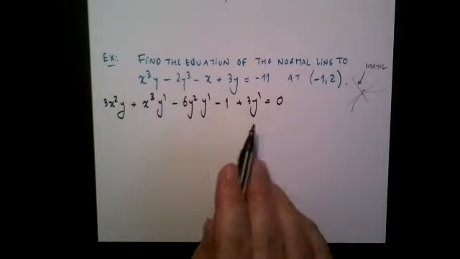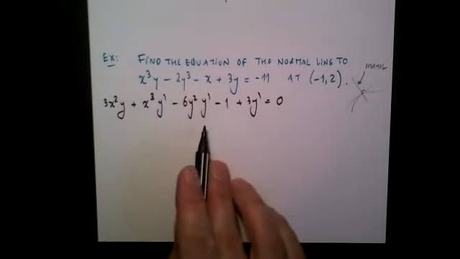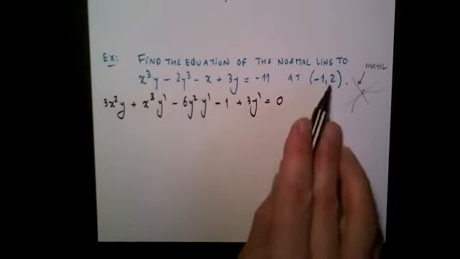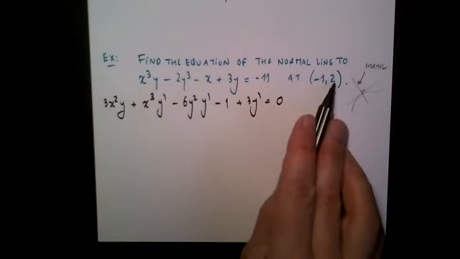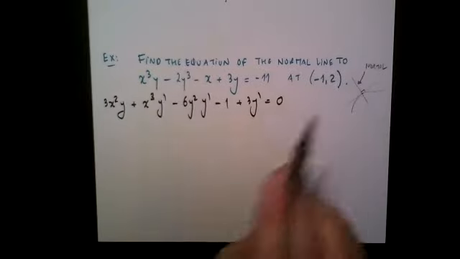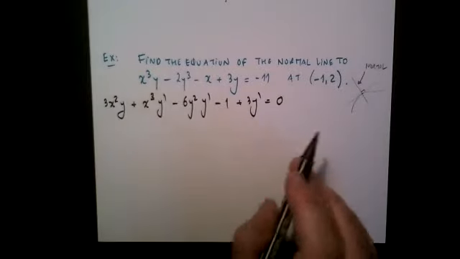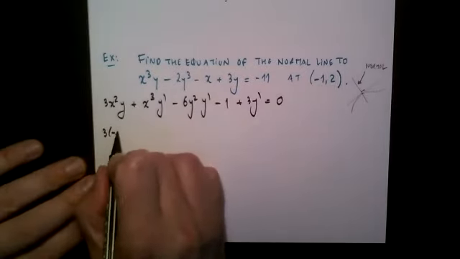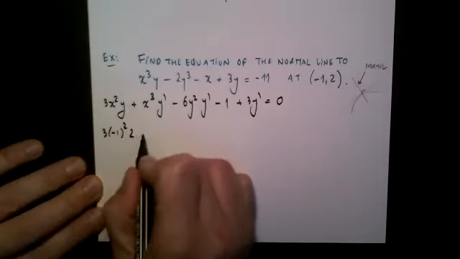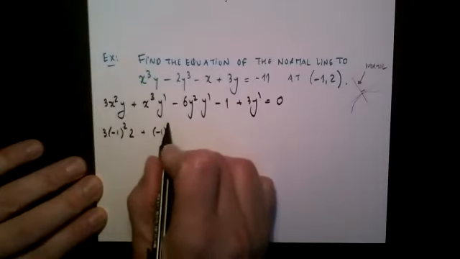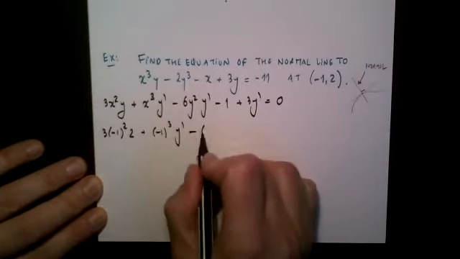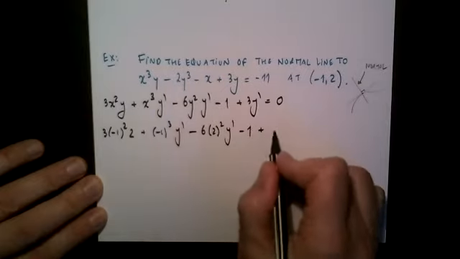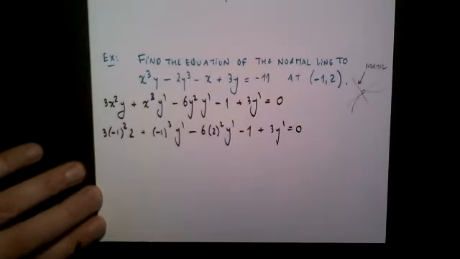Okay, so I'm going to need to find y prime. I could either isolate y prime right away, or might as well just plug in x is minus 1, y is 2 to get y prime at that point right away. So it's easier this way. So let's plug in minus 1 and 2 here. 3 times minus 1 squared times 2 plus negative 1 cubed y prime minus 6 times 2 squared y prime minus 1 plus 3y prime equals 0.